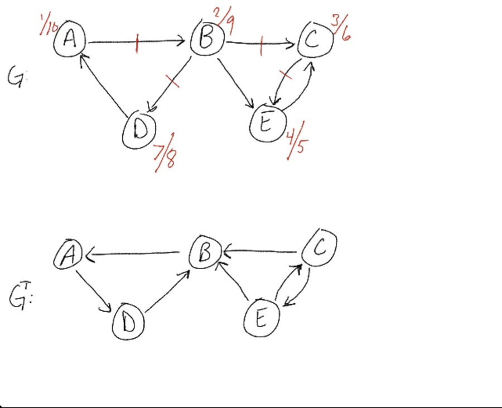We take the transpose of G. What's the transpose of a graph? The transpose of a directed graph is obtained by simply flipping the direction of all of the edges. So you can see the edge from A to B in graph G, and in the transpose it is from B to A.